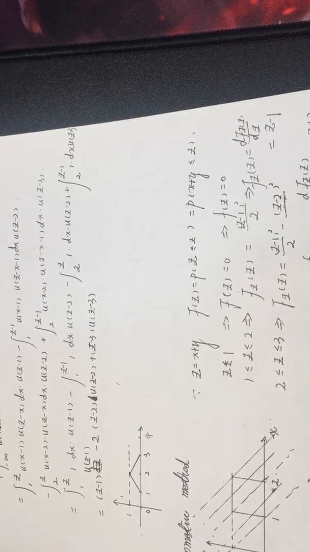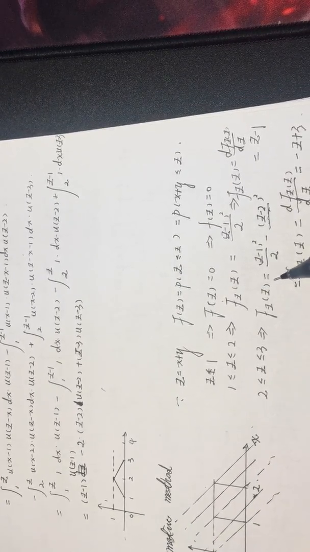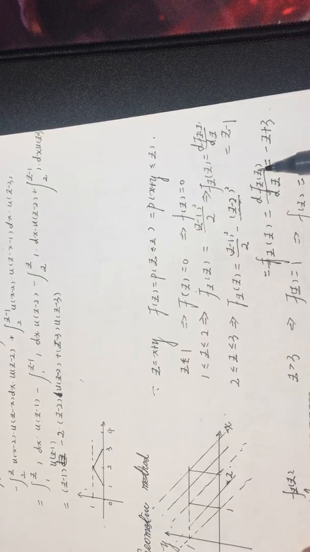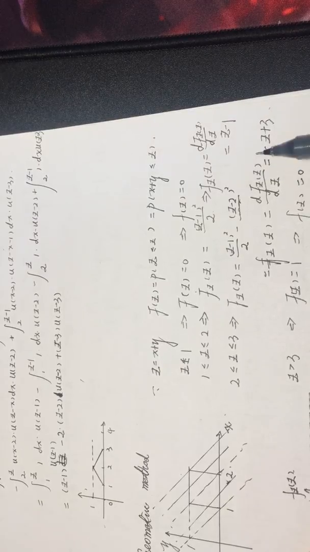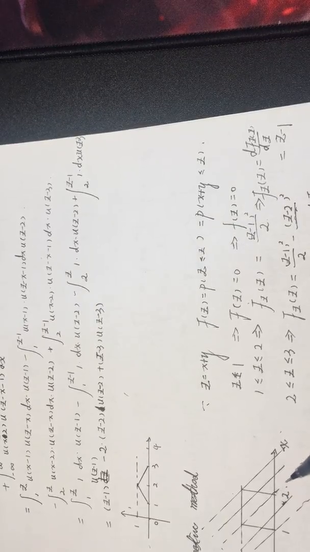If z is between 2 and 3, we can also write the accumulated function of fZ in this form, and we differentiate it to get fZ.